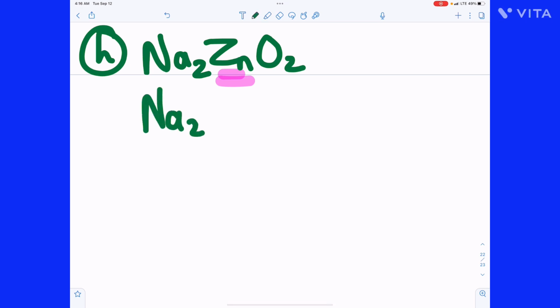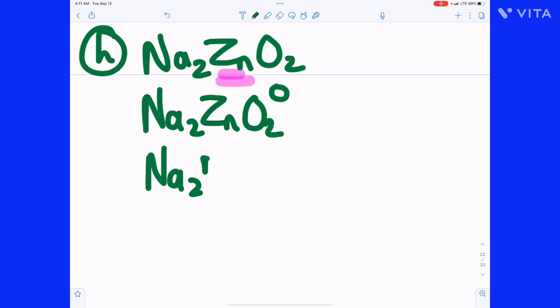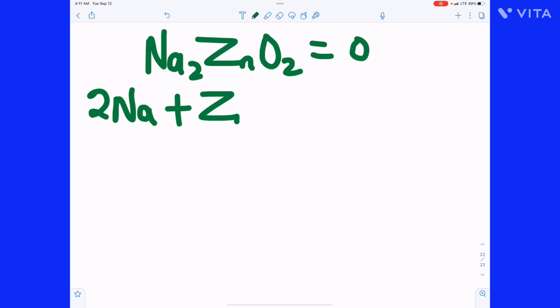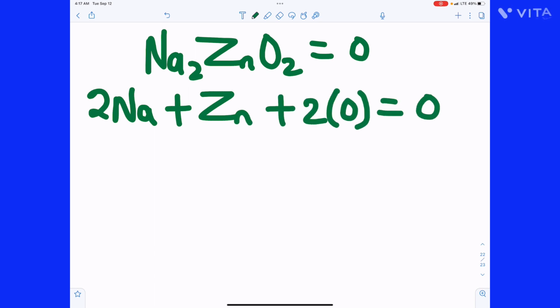There's no charge on the compound, so the charge on the compound is 0. Na2ZnO2 is equal to 0. So 2Na plus Zn plus 2O is equal to 0.